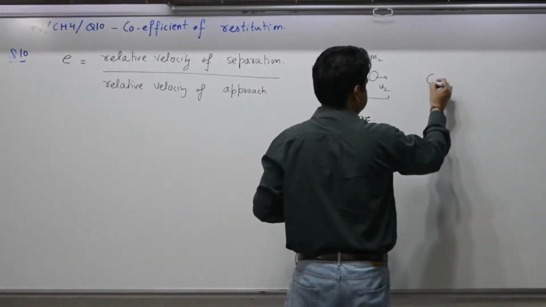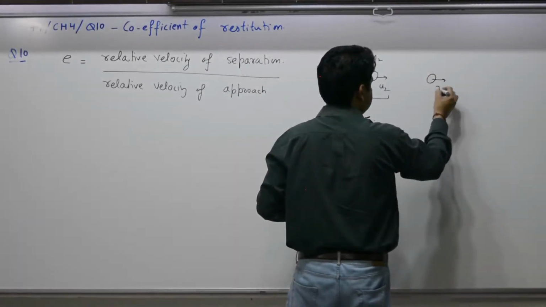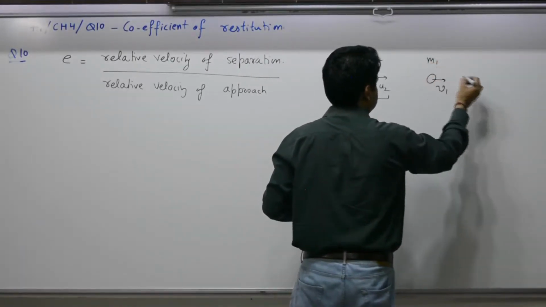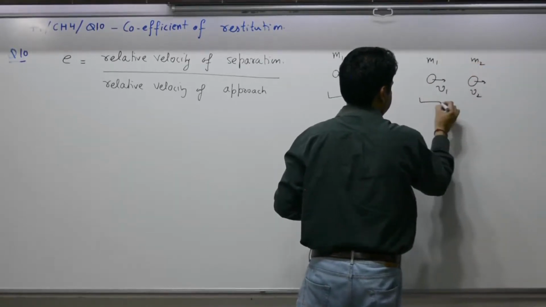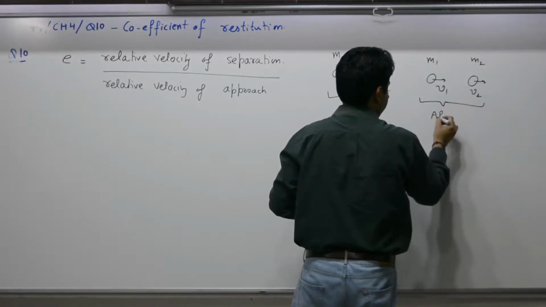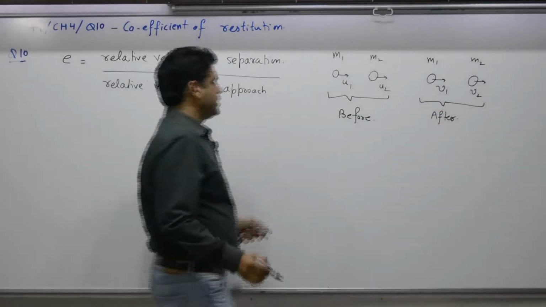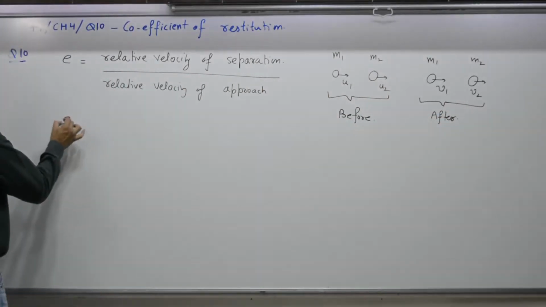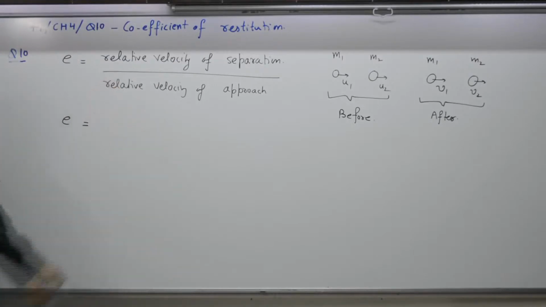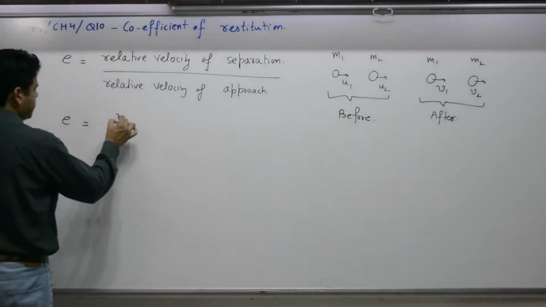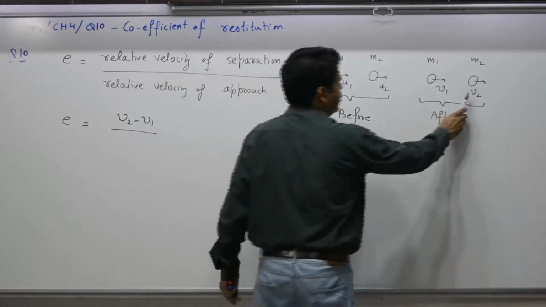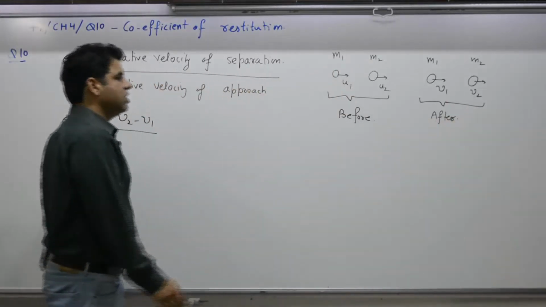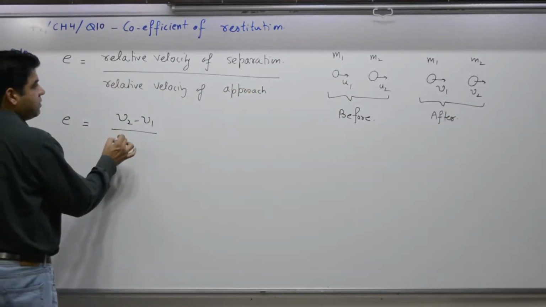After collision, this is v1 and this is v2. This is after collision. Then E is defined as v2 minus v1, the relative velocity of separation, divided by the velocity of approach.